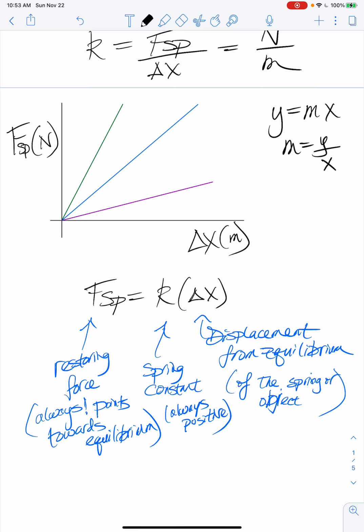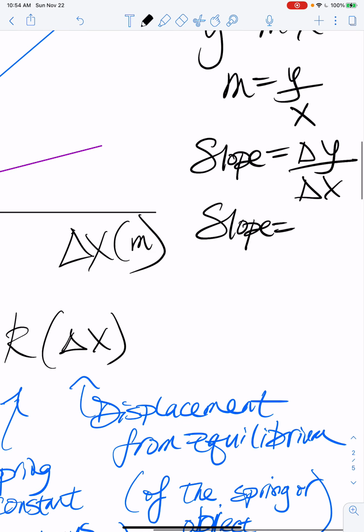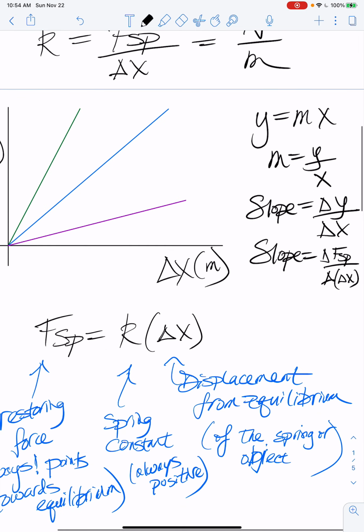So therefore the slope is equal to delta y over delta x, or we can say the slope is equal to the change in force spring over the change in displacement. Because that's kind of rough to write.